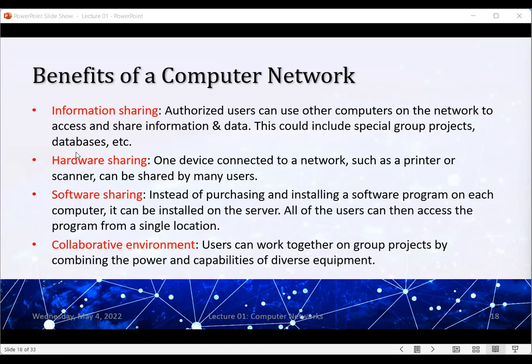Other computers can access it through the network and share the software. Next one, collaborative environment. If several devices are connected together, they can easily complete tasks as a group, right?